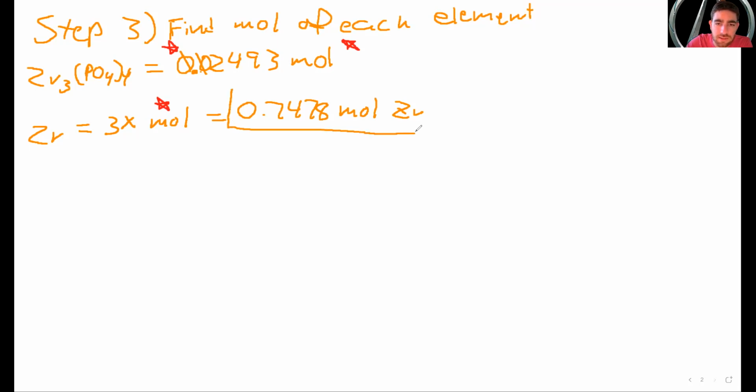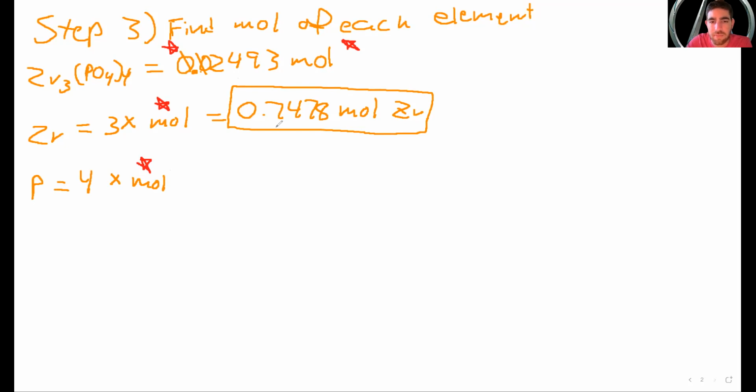So we have one set, and so this can now let us figure out how many atoms there are, but we're not there yet. So let's go down to phosphorus. Remember phosphorus, there are 4 phosphoruses here, so we're going to multiply this by the moles. Let's get a little asterisk there so you know where I'm getting the value from. So again, this 0.2493 moles is what we're going to multiply by 4, because there's 4 sets of phosphorus.